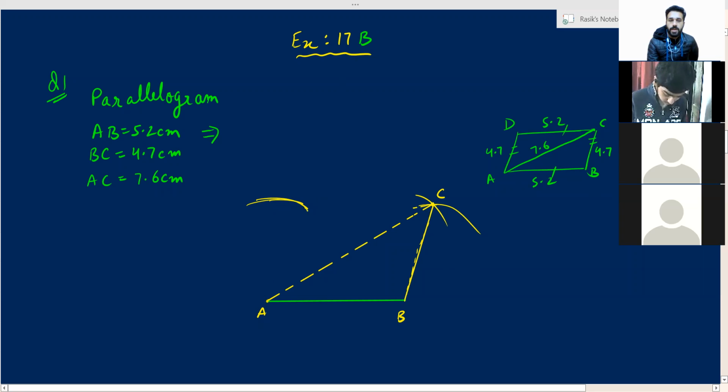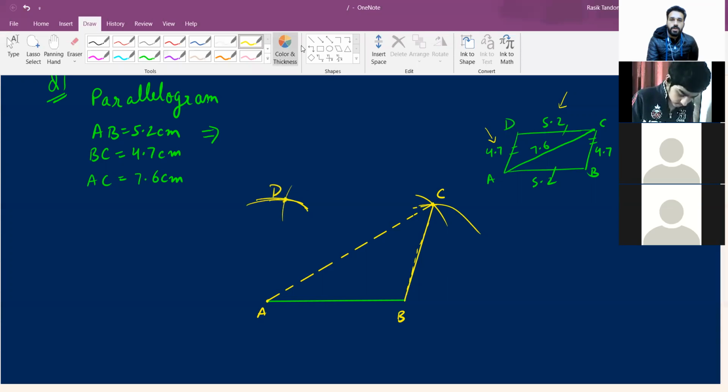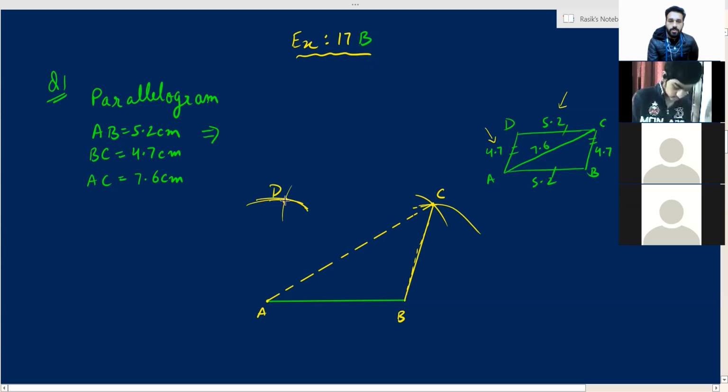Because we know the length AD, we know the length CD also. Look at the rough figure, you will come to know everything. We know the length AD 4.7 and we know the length CD also 5.2. So from vertex C, draw an arc at a distance of 5.2 centimeters. This point of contact is your vertex D. And when you join AD and CD, you will get the parallelogram.